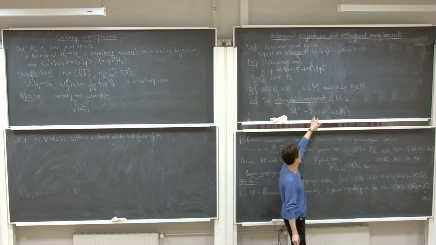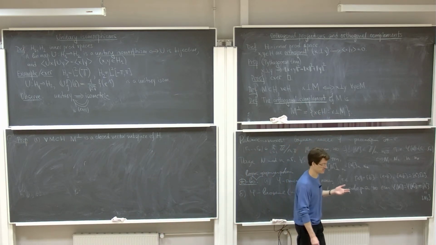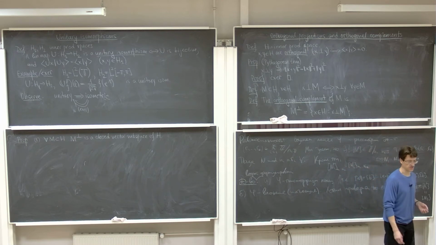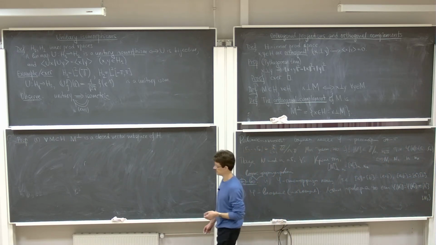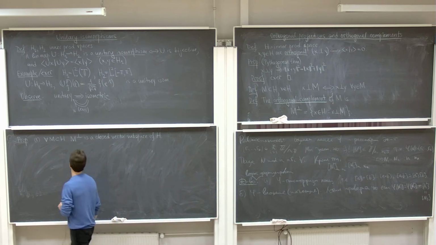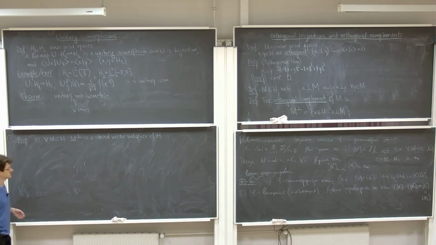If two elements are orthogonal to M, then their linear combination is also orthogonal to M. And by the continuity of the inner product, this subspace is closed.